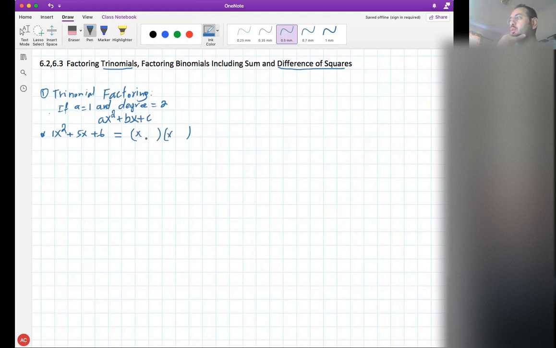Then we start each one with x, or whatever the variable here is. And then we just need to find a couple of numbers to put in the parentheses, and the factoring will be done. So again, because there's no common factor, as you can see, there is no GCF. We have three terms.